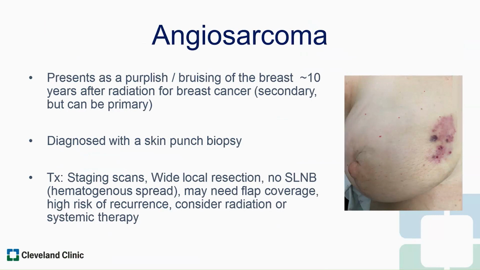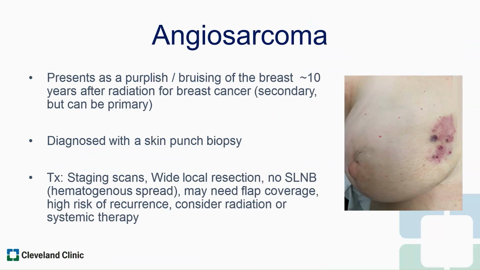You can have primary angiosarcoma, but it's not as common. It's a complication from radiation for a lumpectomy. It's very rare, less than 1%. If you suspect this, you would do a skin punch biopsy to prove it, because usually there's nothing in the breast tissue itself. It occurs on the skin.